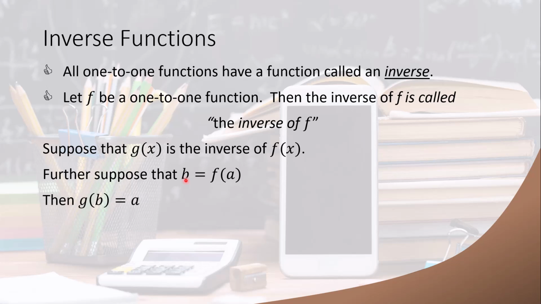Well, then if g is the inverse, g evaluated at the number b will recreate the number a, for every a that is in the domain of f. Furthermore, if you took a and applied f to it, and then took that result and applied g to it, you will recover a for every value of a that happens to be in the domain of f.